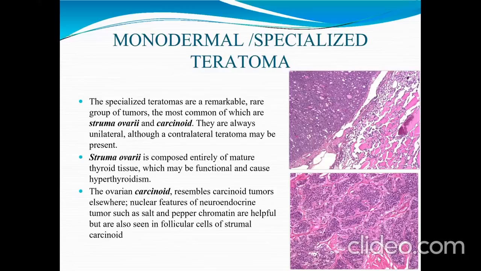As we can see on the first photomicrograph of this slide, it may be functional and it can cause hyperthyroidism also. Easily we can make out the varying size thyroid follicles within the ovarian tissue. And on the second picture, we are seeing ovarian carcinoid, which resembles carcinoid tumors of any other part of the body. The nuclear features are of a neuroendocrine tumor, which is salt and pepper chromatin of the nuclei.